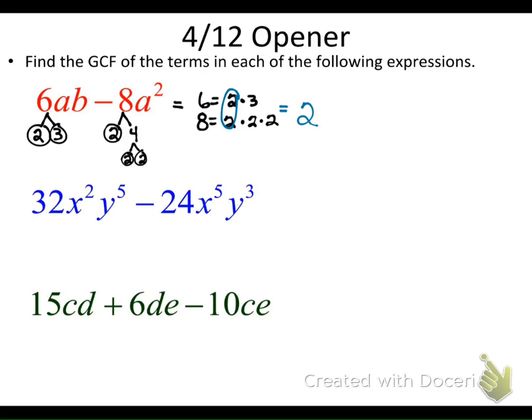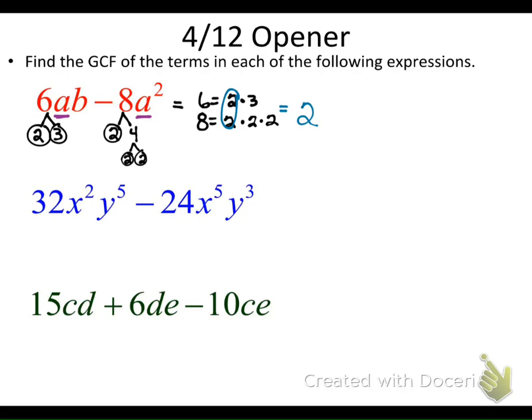But we're not done yet, because now we threw variables in here. Let's look at our variables. Do they both have an a? Yes. Which a do I use? I use the a with the smallest exponent.